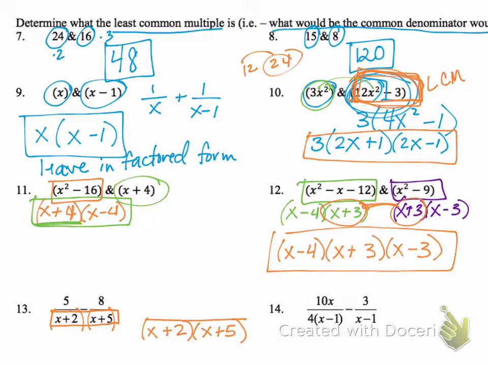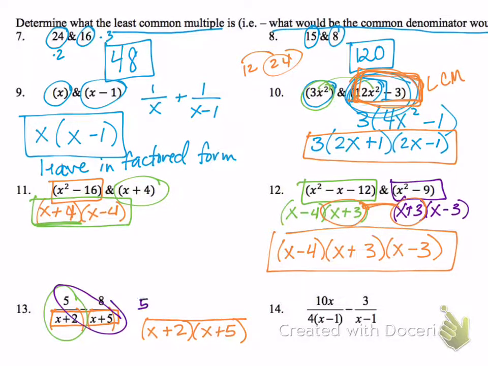And this is where the cross multiplying thing comes in. On the left side, since I have the 5 over x plus 2, I need to multiply the numerator by x plus 5.